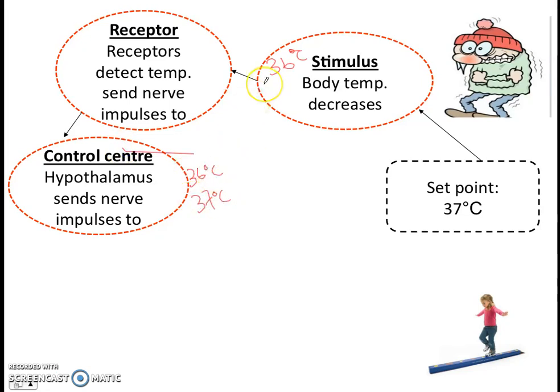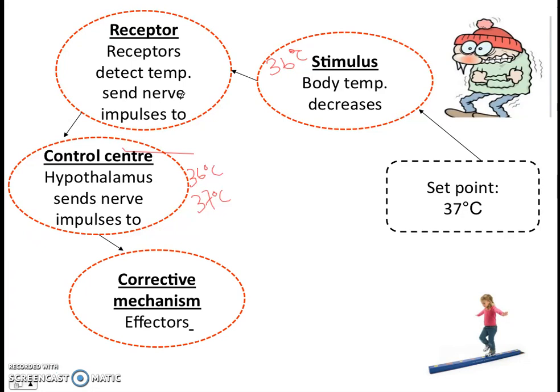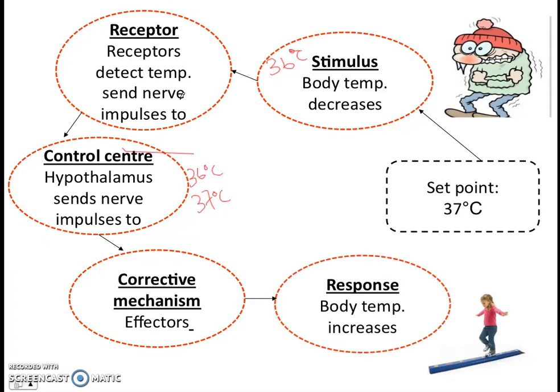And now we're too cold. So what to do? Hypothalamus will send out nerve impulses to the various effectors to carry out the corrective mechanism. And the corrective mechanism will result in the body temperature increasing back to the set point. Alright, now we're back to the set point. A signal is sent to the receptor to stop the corrective mechanism.